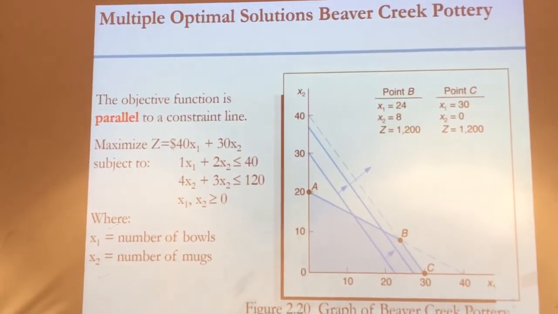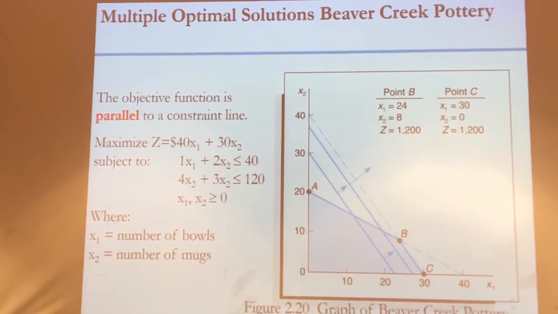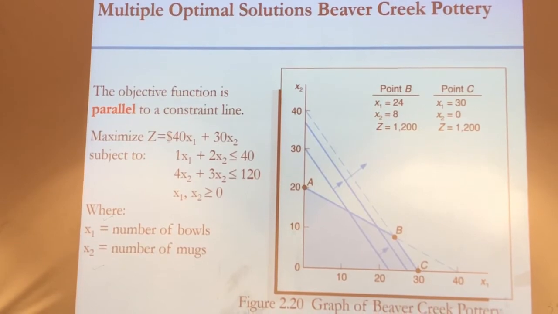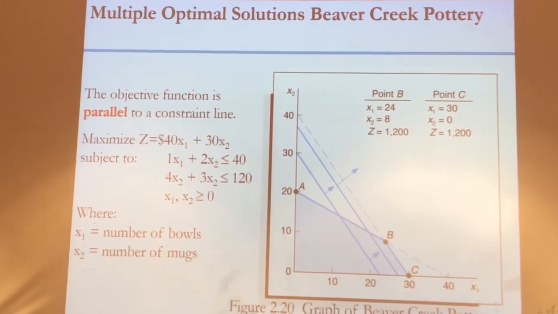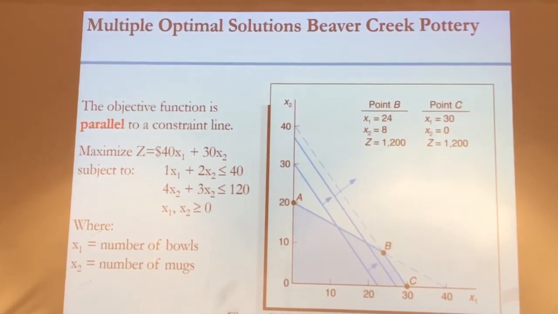Please note also, I can ask this question in your final exam just by asking what is the condition for optimality for multiple optimal solutions, and you just have to write it down.